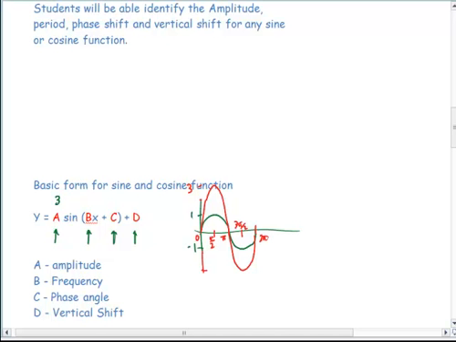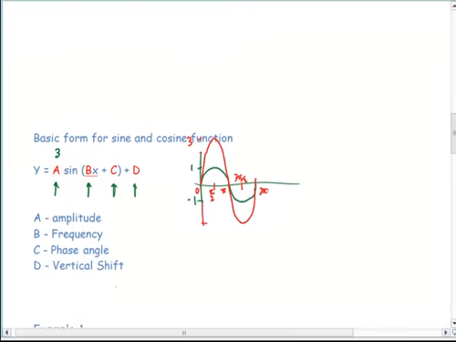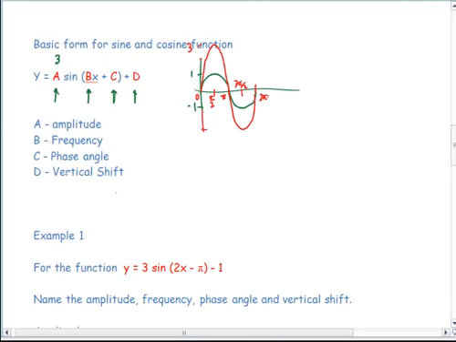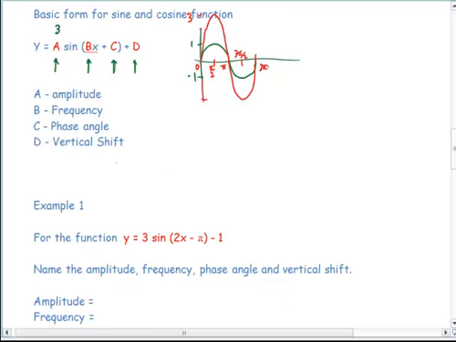What we want to talk about now is what these other coefficients mean and how to determine what they are. In the next video, I'll show how they change the graph that we're working with. So in the first example, the problem says, for the function y equals 3 sine of 2x minus pi minus 1, it asks us for the amplitude, frequency, phase shift, and vertical shift.